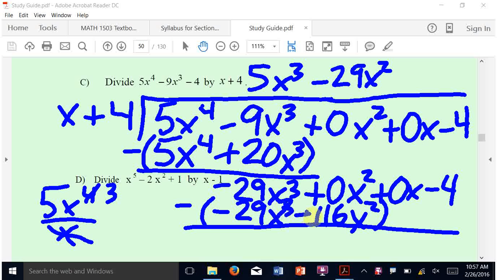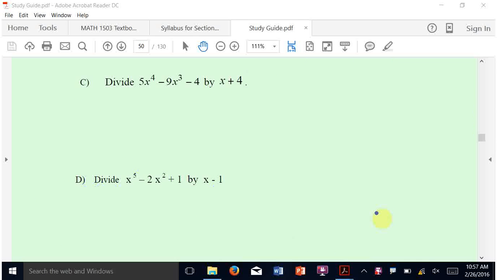Negative distributes, so we get a positive 116x squared, plus 0x minus 4. Okay, well, we're running out of room, so let me rewrite a few things.